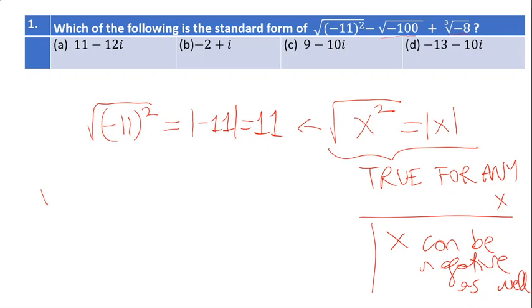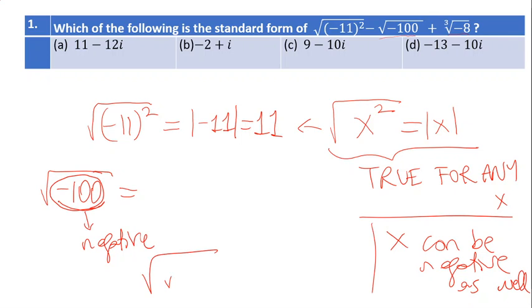Now when it comes to the square root of negative 100, the first thing you have to pay attention to is that it's negative. The square root of a negative number is a complex number, so you have to end up with something with i.